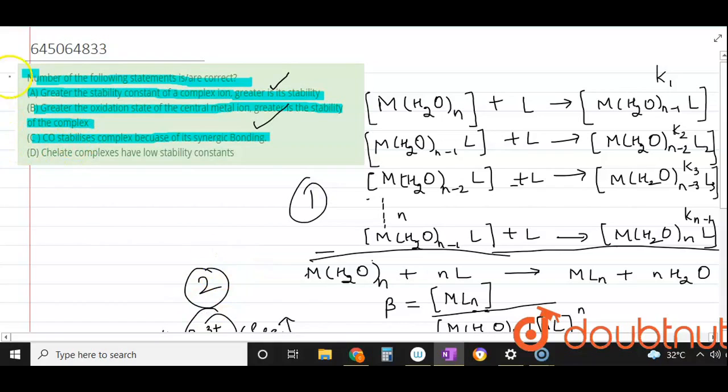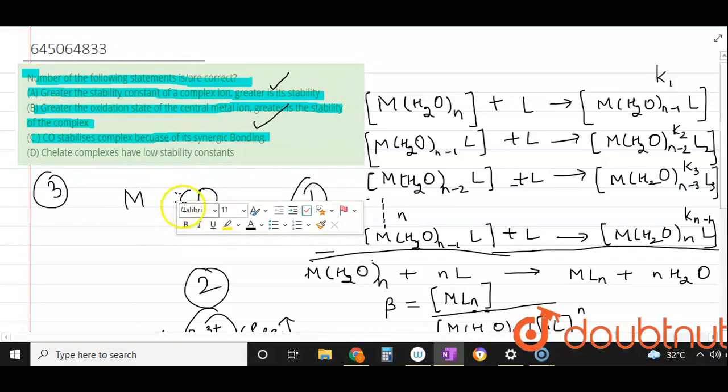Now the third explanation for the CO. In CO, carbon monoxide tends to do pi bonding with the metal, and due to pi bonding, the metal's deficient d orbital gets filled and partial double bond character arises between the ligand atom and the metal atom.